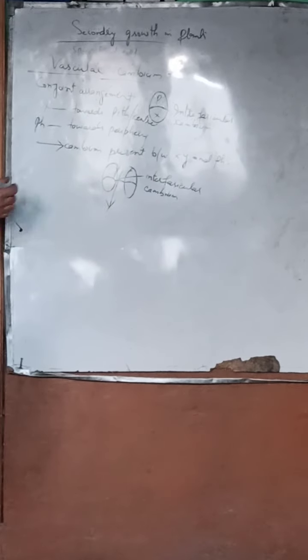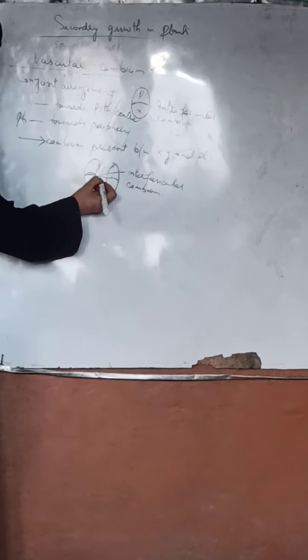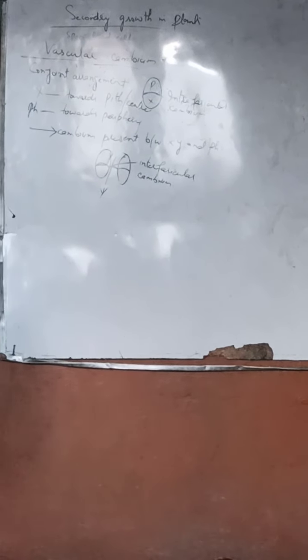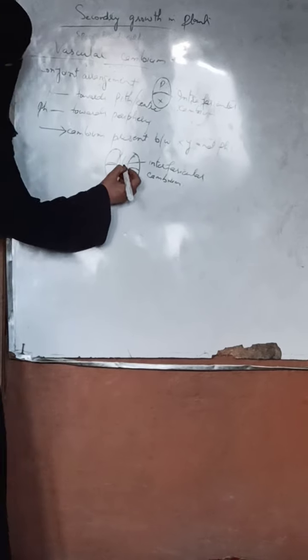And there is also a medullary ring. When secondary growth takes place, this medullary ring formation takes place also, but this ring is of parenchyma cells.